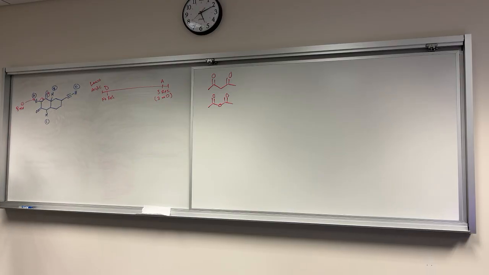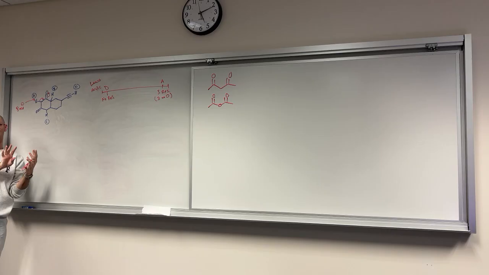Anybody else want to reason how substitution will affect this? Instead of looking at substitution of the carbon as providing stability or destabilization, we should be looking at the substitution of the alkene. There's no alkene right now.